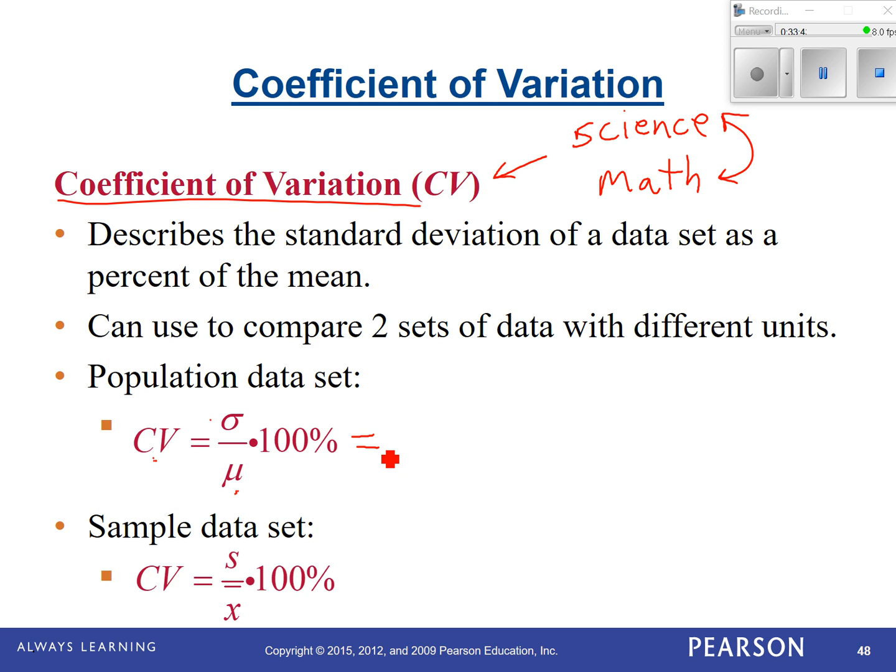If we're doing a sample, then instead of sigma we use S, and instead of mu we use X bar. So those are the 2 formulas. You need those 2 formulas to be able to find the CV. Again, most of the time we'll be using samples, not populations. But sometimes they'll throw in that it's a population on the problem. You have to make that decision.